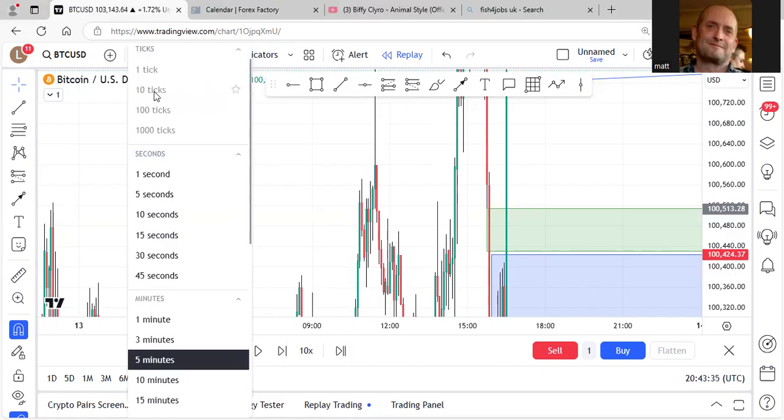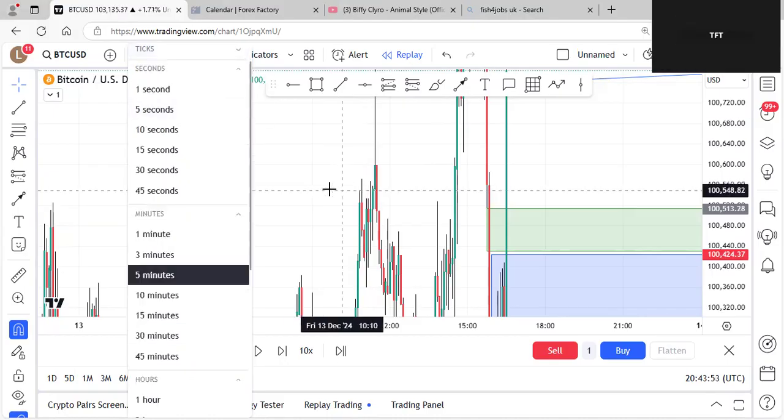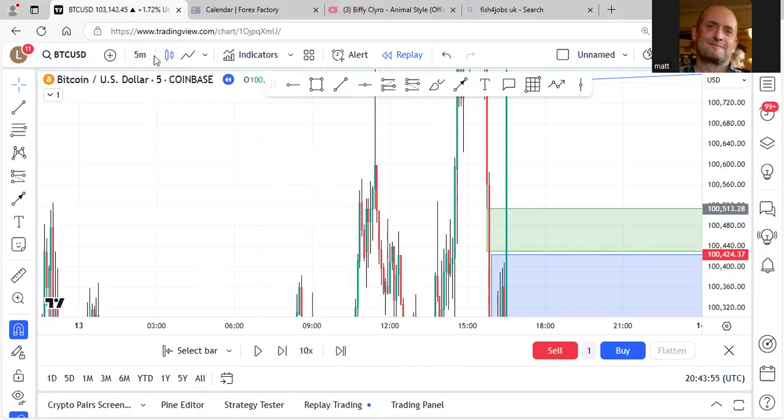Maybe you've got to pay to upgrade to get those. Every one tick is the smallest possible change in price. So probably what you need to do is see a lot of ticks in one place, and that means prices change very quickly. I've never seen the charts, I don't know how it works, but that's what a tick means.